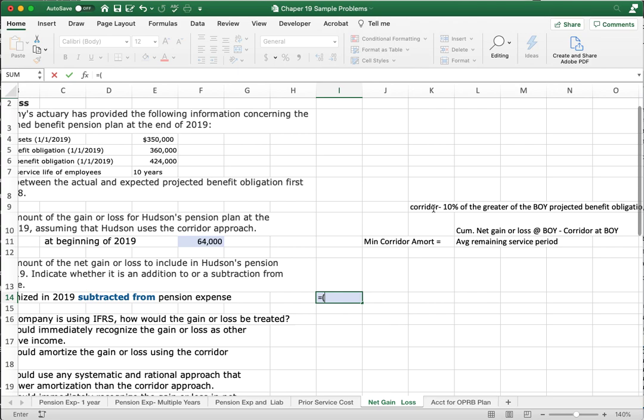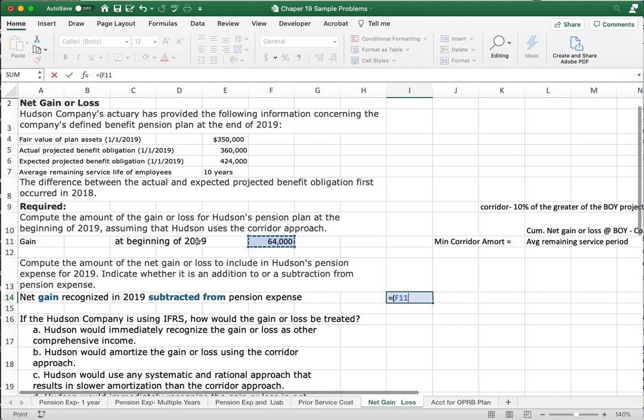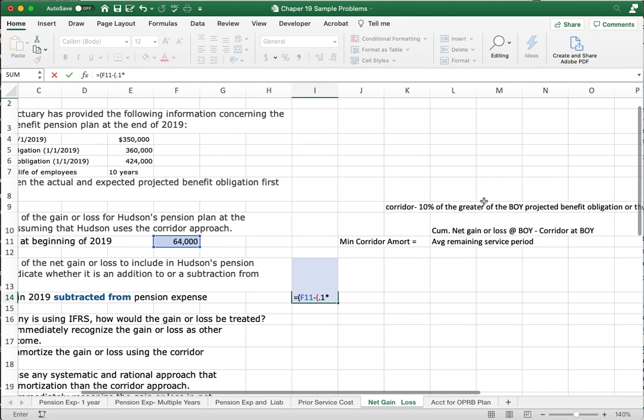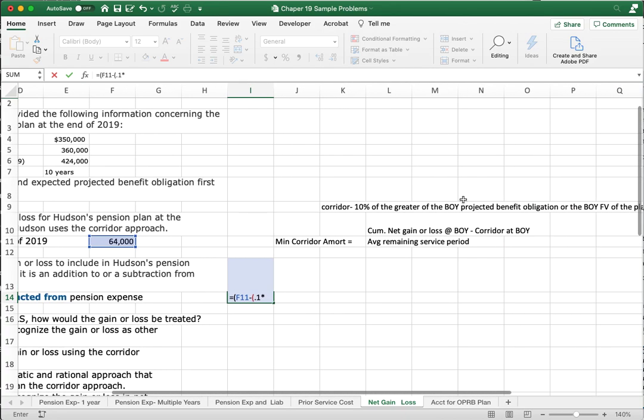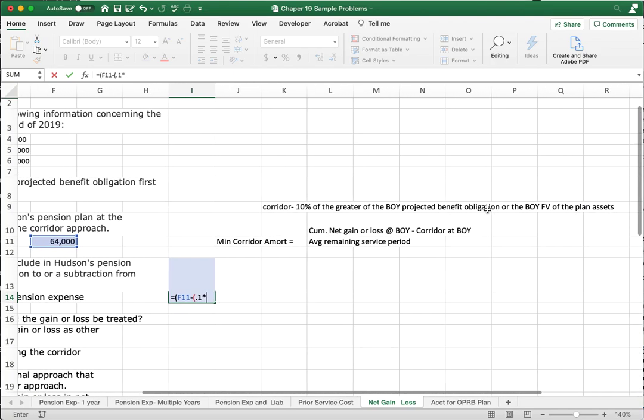So I'm going to use a set of parentheses. And our cumulative net gain, we just calculated as the 64,000 minus, and let's do another set of parentheses, 0.1 or 10% times, and we said corridor is the greater of the beginning of year projected benefit obligation or beginning of year fair value.